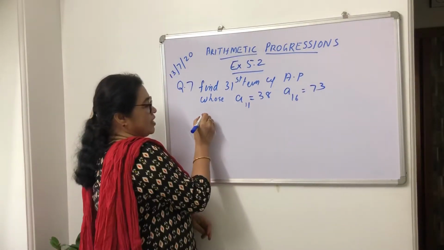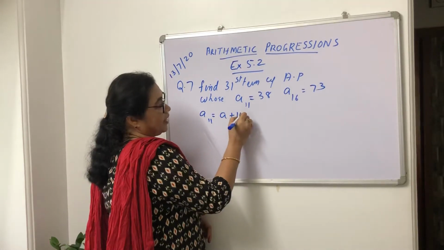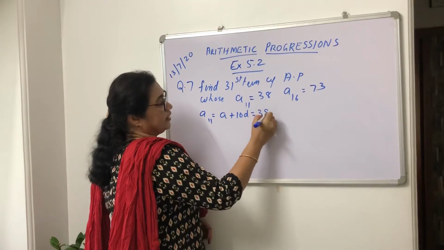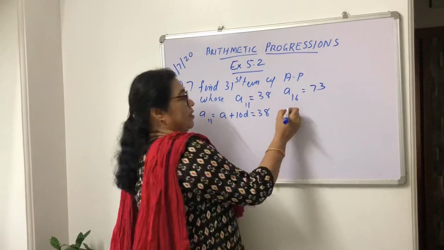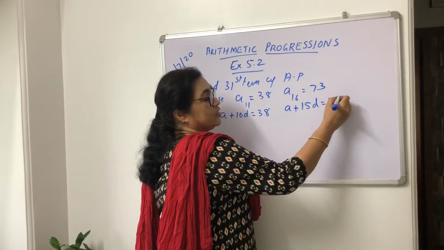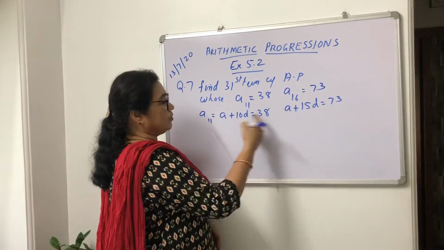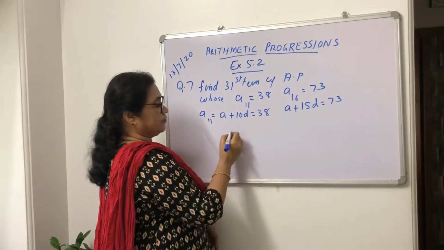So A11, all of you know, A plus 10D equal to 38. A16 is A plus 15D equal to 73. Now you have to solve these two equations.